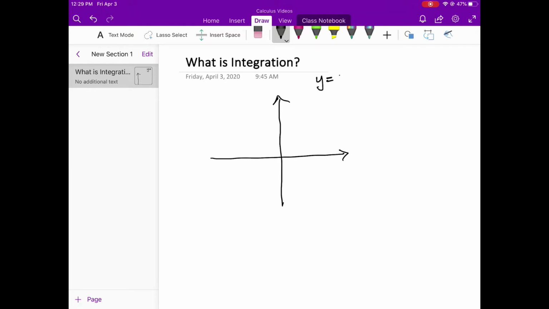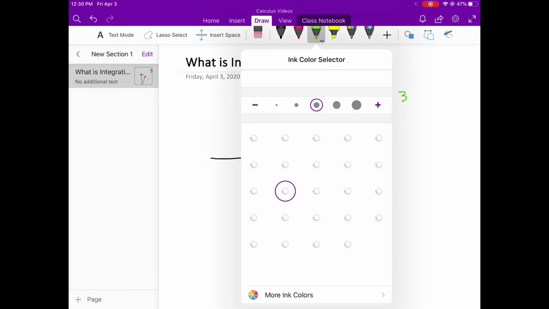I'm going to start out by drawing the graph of a line, 5x. Actually, we're going to keep with our same example. So y equals 5x looks kind of like this. And then if we put in some other variants of that, we're just changing the y-intercept in this case, since it's a line.